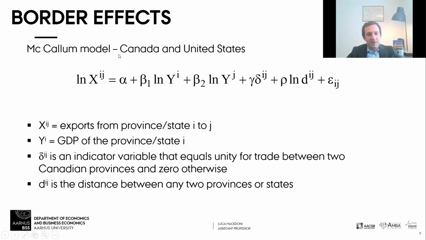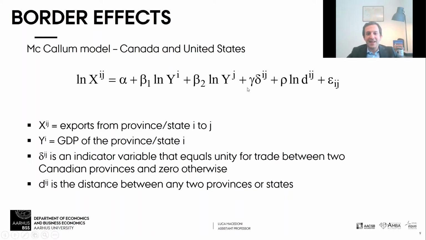So basically here what we have are bilateral trade flows, size, the y's, distance d, and then we have this indicator delta. What do we expect the gamma to be equal to? Well, let's think about this. If gamma is positive, it means that when delta is 1, so when we're looking at two Canadian provinces, the trade flows will be larger, controlling for size, controlling for distance.